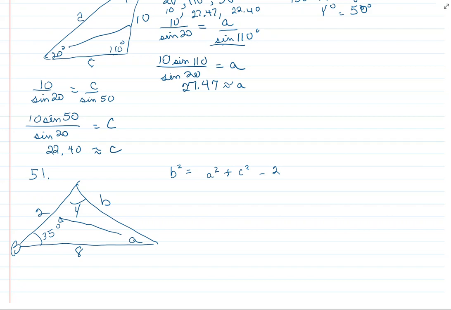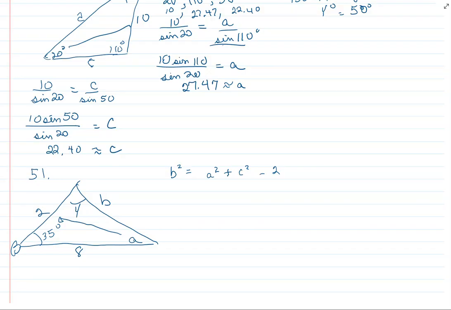I'm pretty sure I'm right, but I don't want to mess up your notes. My sheet doesn't have the law of cosines on it that I can see. Hold that thought.